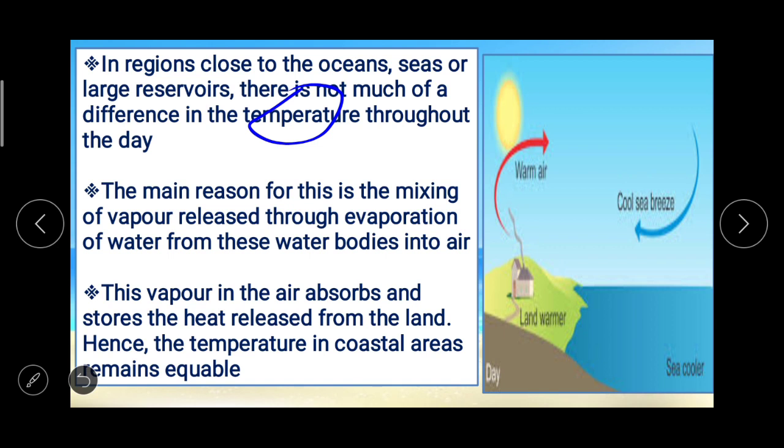The main reason for this is the mixing of vapor released through evaporation of water from these water bodies into air, and this vapor in the air absorbs and stores the heat released from the land, and hence the temperature in coastal areas remains equable.